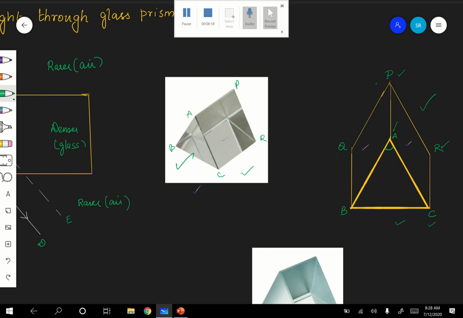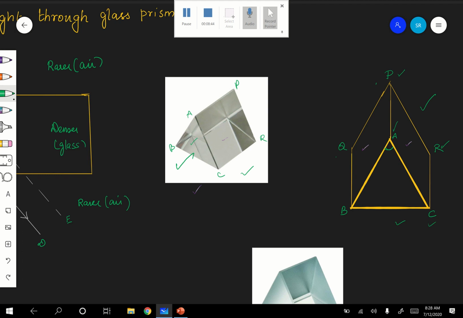Therefore, you will be getting a triangular prism like that. Here it is a triangle, and that side also. This is the front side, and the back side of the prism will also be a triangle. There is one more face here, PRQ.